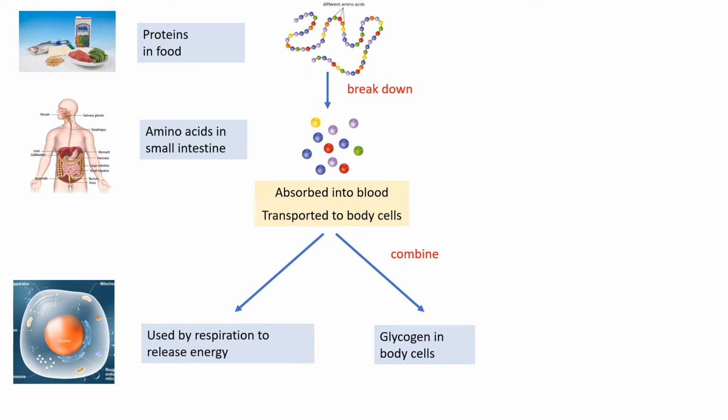So they will be first broken down by our digestive system into the smaller amino acids. Now these basic units are small enough so that they can be absorbed into blood and then transported by blood to different body cells. So every body cell needs these amino acids to build the protein, to build their cells and parts.